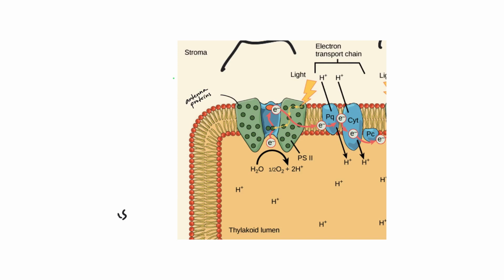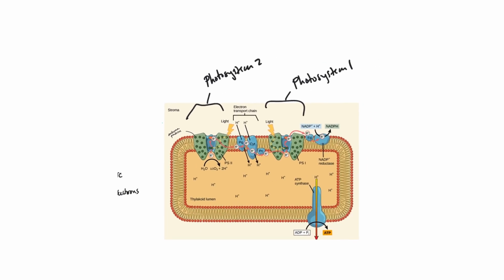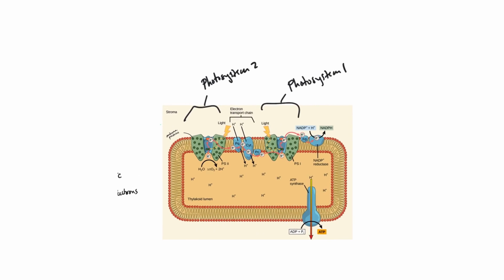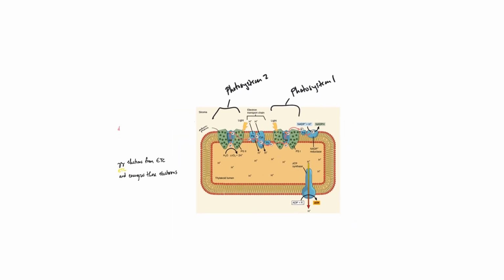These are the antenna proteins, and that's where the chlorophyll is. Basically, what happens is the chlorophyll creates a reaction when sunlight hits it, and that reaction creates energy. That energy is going to be used to excite electrons once we harvest enough from enough antenna proteins.